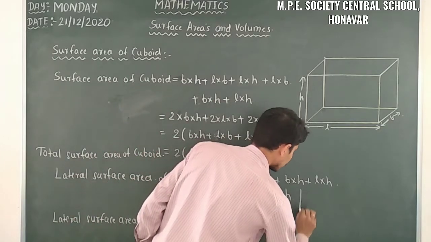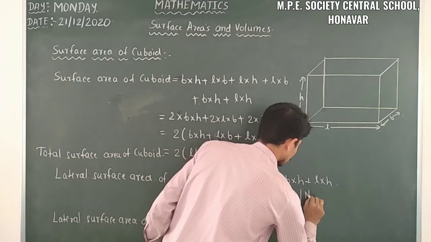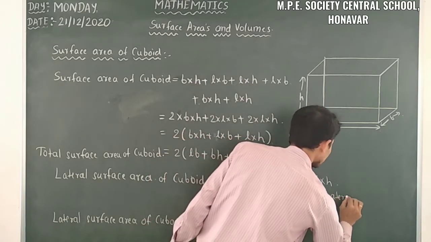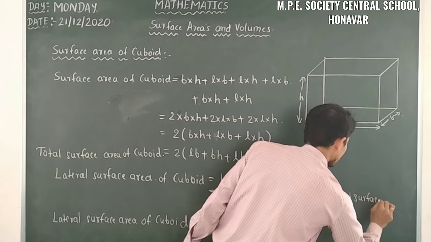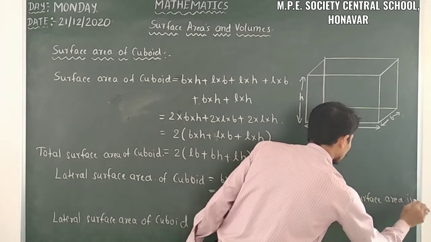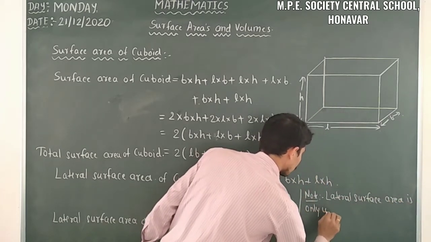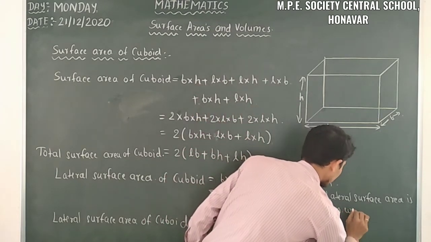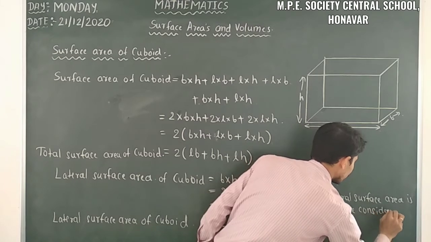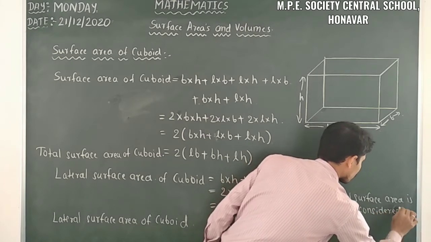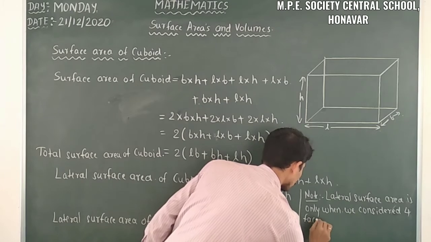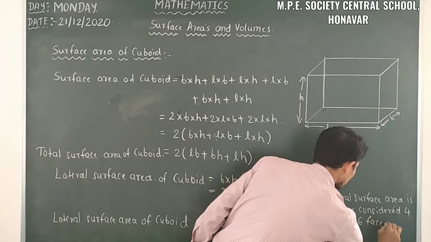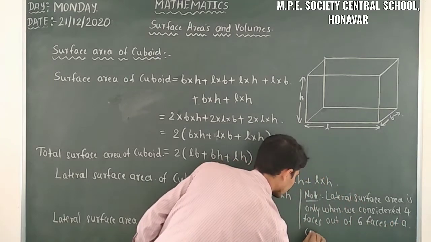So here just write, here it is a note. Lateral surface area is only when we consider 4 faces out of 6 faces of a cuboid.